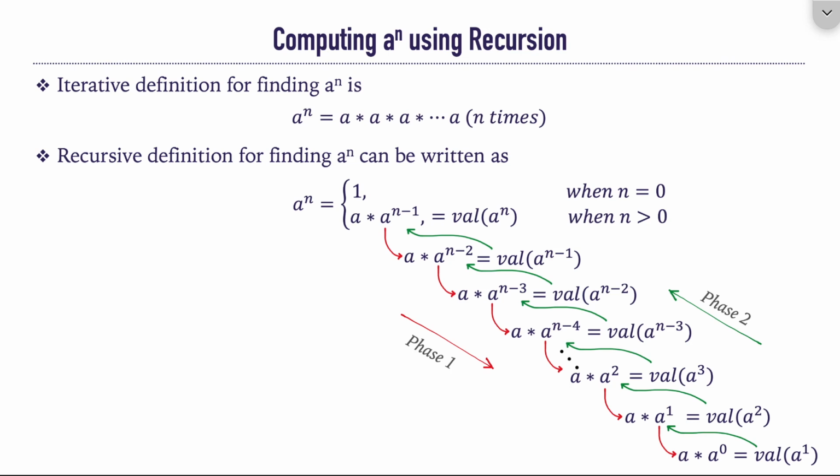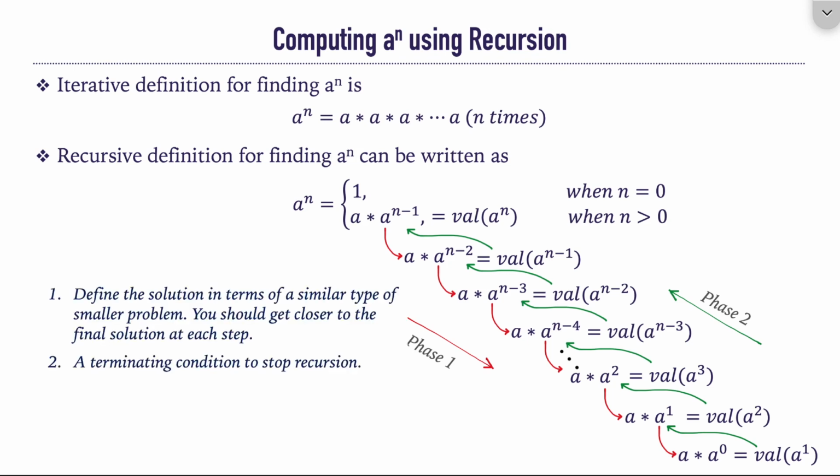Whenever you are trying to solve a problem using recursion, you should keep two things in mind. The first thing is you should be able to define the solution of the problem in terms of a similar type of smaller problem using a recurrence relation, and at each step you should get closer to the final solution of your original problem.